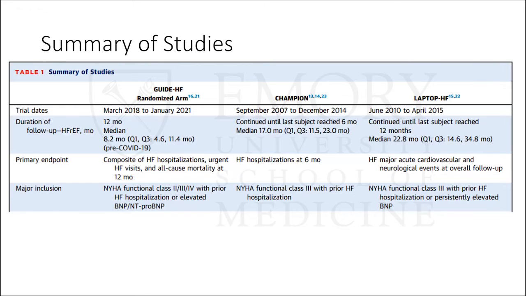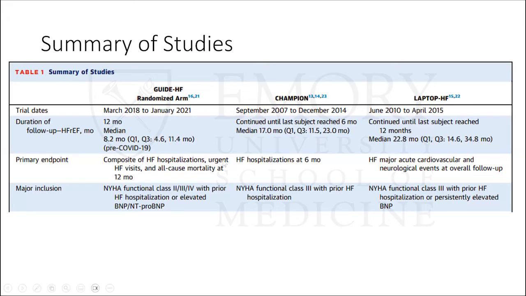All right. Additionally, it's important to take into account the times that these studies were conducted. As you see, Guide HF was our most recent and of course affected by COVID. Champion and Laptop were earlier in the 2000s, where some of that guideline-directed medical therapy like ARNIs and SGLT2s were not regularly used.